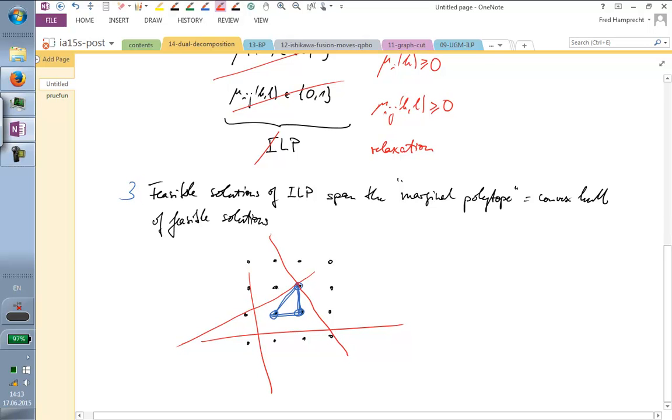Okay, but anyway, the body that you see now, which I'm indicating here in yellow, this thing is an outer relaxation of the marginal polytope, and this is called the local polytope.